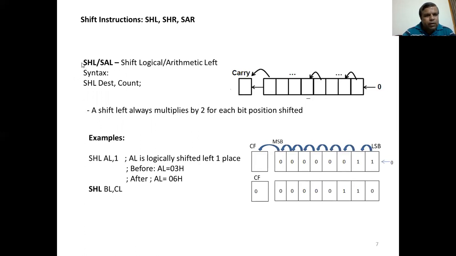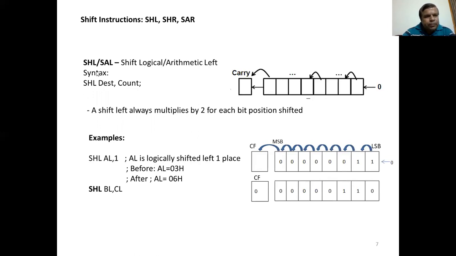The first instruction in the shift group is SHL or SAL, shift logical left or shift arithmetic left. There are two mnemonics for this instruction. You can use either SHL or SAL to perform the same left shift operation.